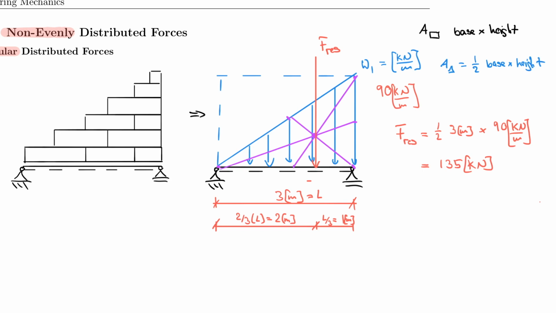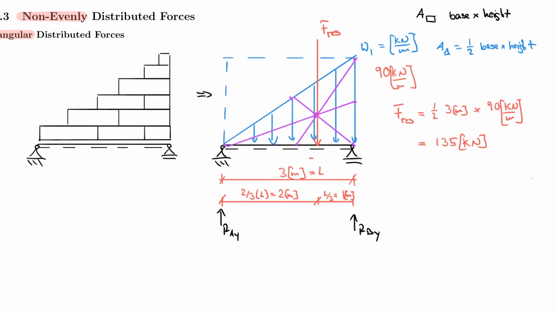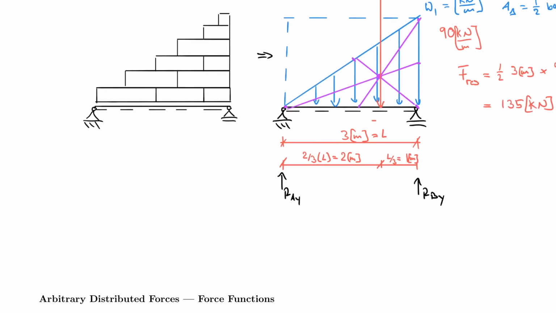So we can now actually go ahead and calculate our support reactions. So remember that the support reactions here would be RAY, and then here we have RBY. And you can do this in different ways now. Let me just say that I use the sum of the moments about, let's say, B to find RAY.